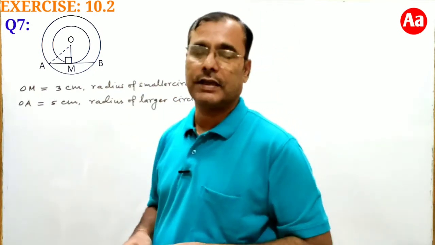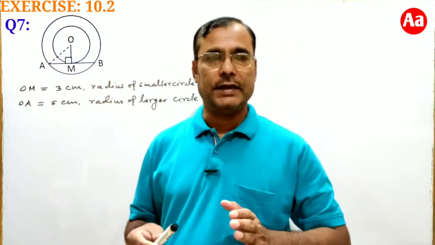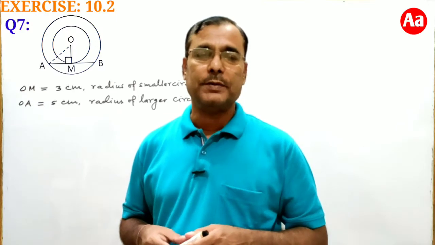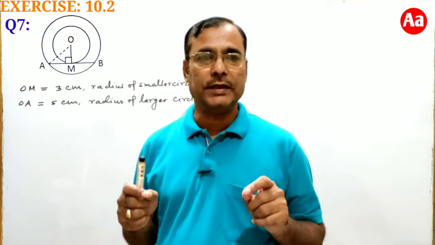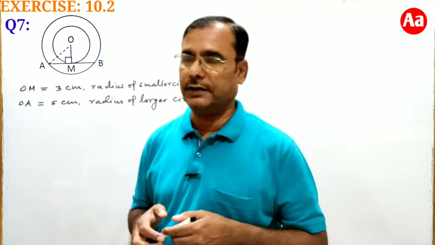Chord AB is touching the smaller circle at point M, and we have to find the length of the chord AB of the larger circle.